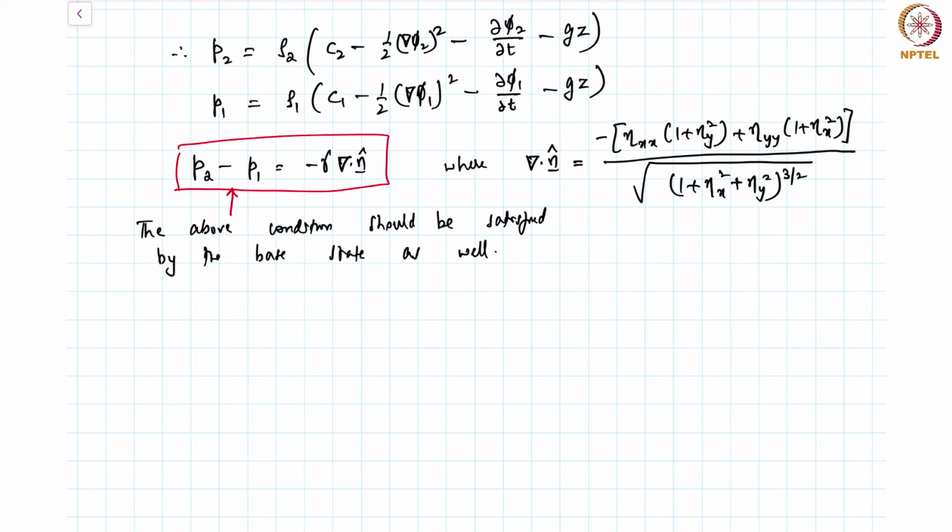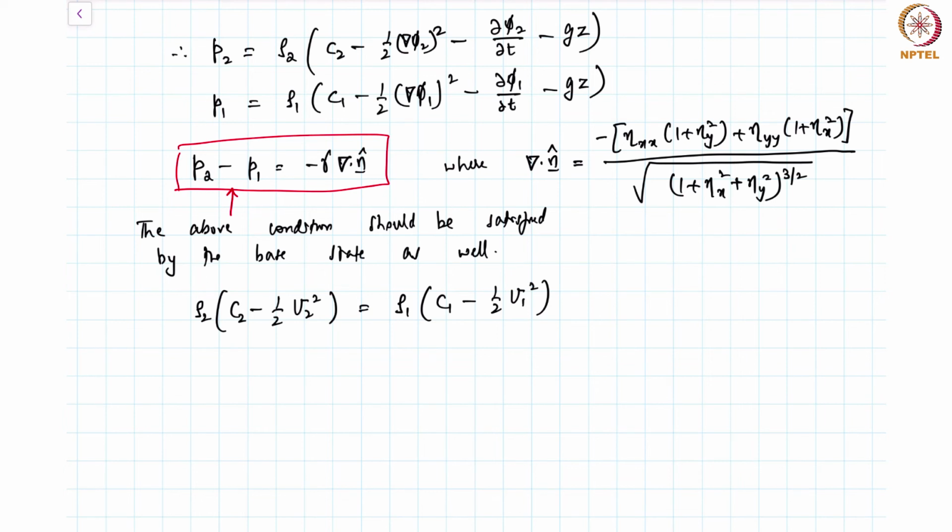So essentially P2 minus P1 becomes rho 2 times C2 minus half U2 square, and I do not have the other two terms, minus rho 1 C1 minus half U1 square. Right? This is what the base state has to satisfy.